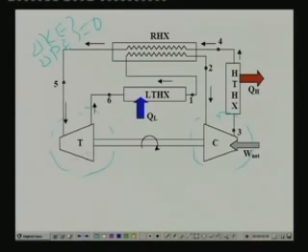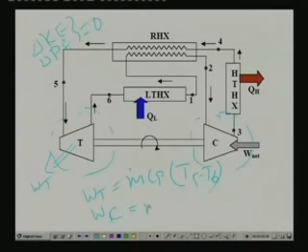So you find that work output from the turbine is simply equal to m dot Cp into T5 minus T6. Okay, this is from the energy balance across the control volume.